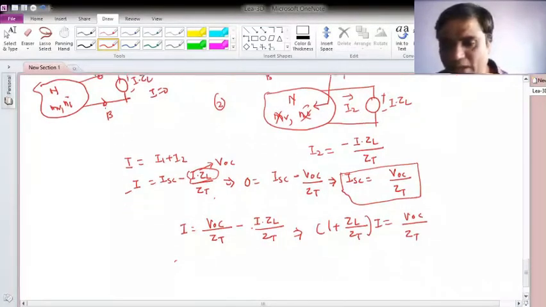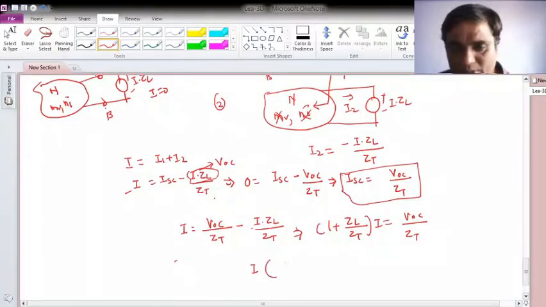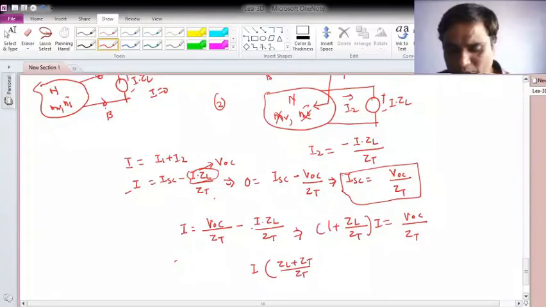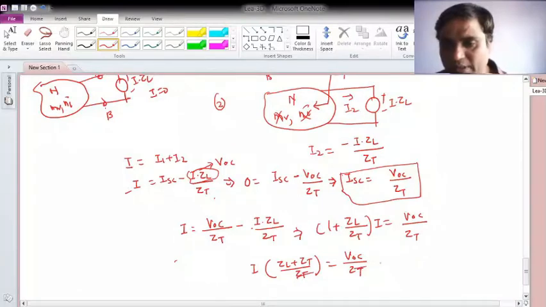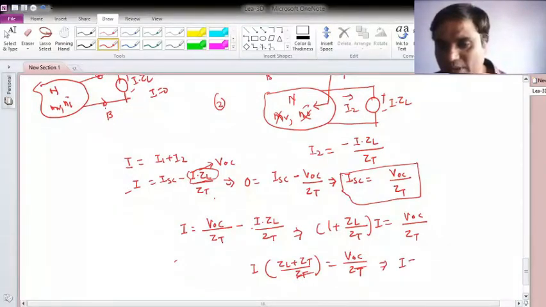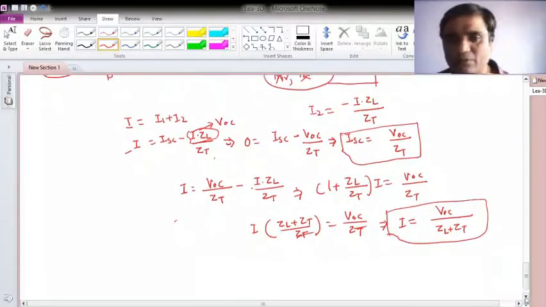Then I into ZL plus ZT over ZT is equal to VOC over ZT. Then this will vanish. So the current will be VOC over ZL plus ZT. This will be the value of current for that particular load.